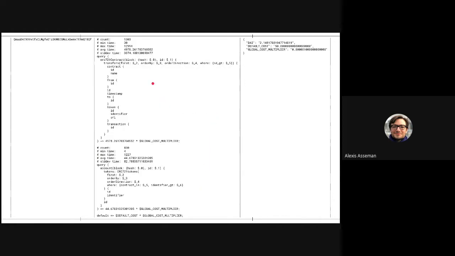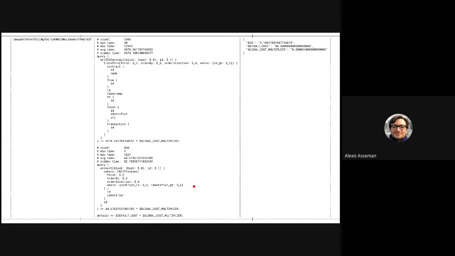And just for convenience of the indexer, we're adding as comments some basic statistics: how many times we saw the query, what's the minimum time, maximum time, the average and standard deviation. And here we set a price.